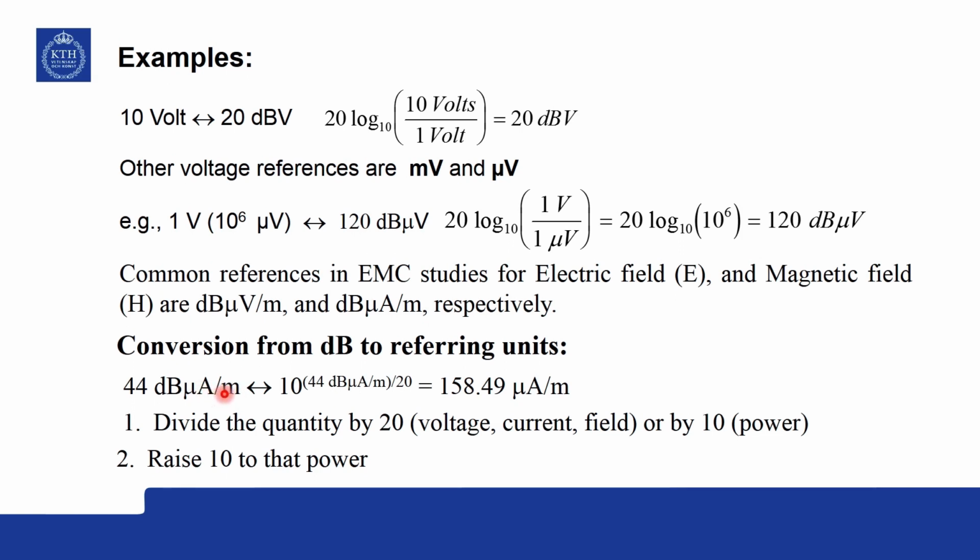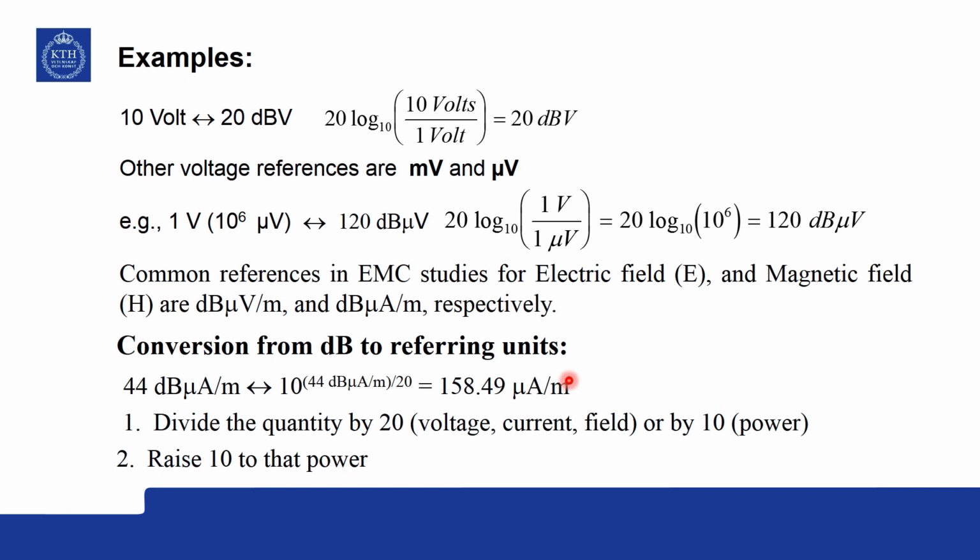So, we do the reverse of this. So, it is 10 to the power of 44 dB microampere per meter. Since it is a magnetic field, we know that its definition is 20 log. So, that divided by 20, 10 to the power of that will give you 158.49 microampere per meter.